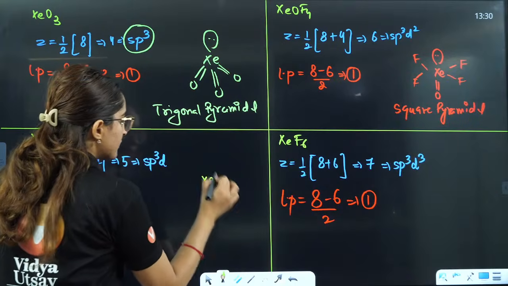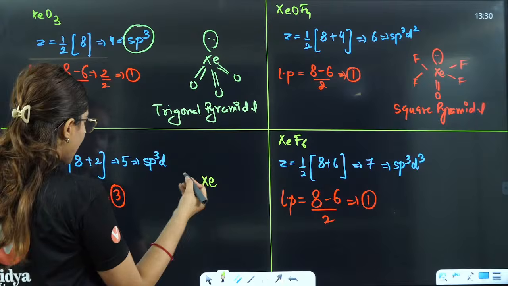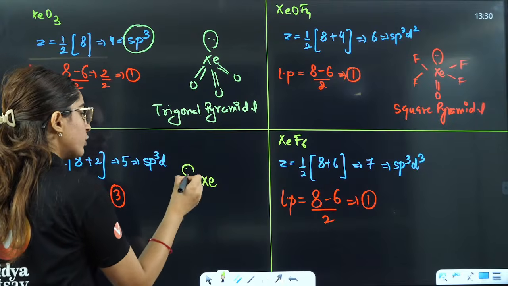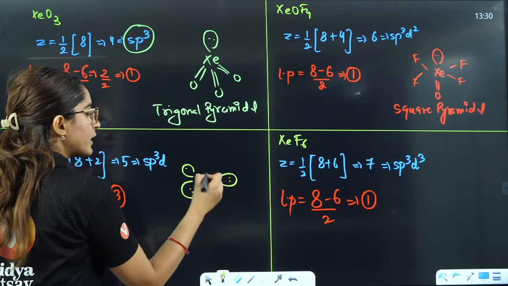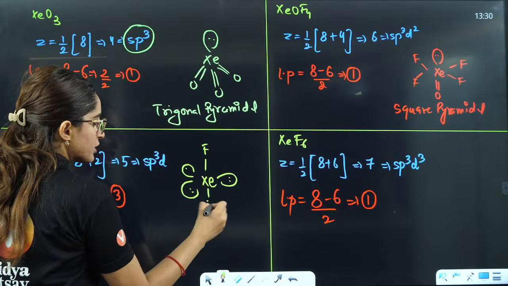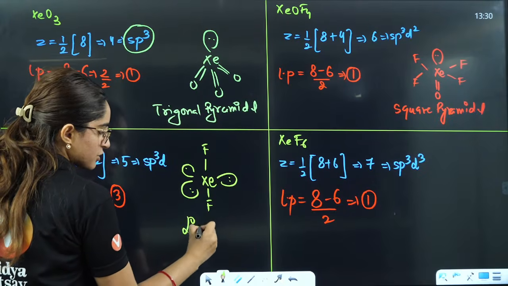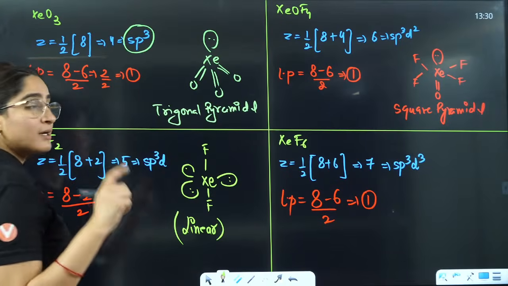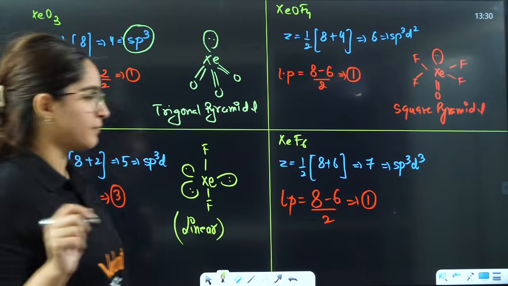Xenon is sp3d, that means trigonal bipyramidal with 3 lone pairs. 3 lone pairs on the equatorial positions and 2 fluorines, so it is overall a linear structure. But the geometry is trigonal bipyramidal.